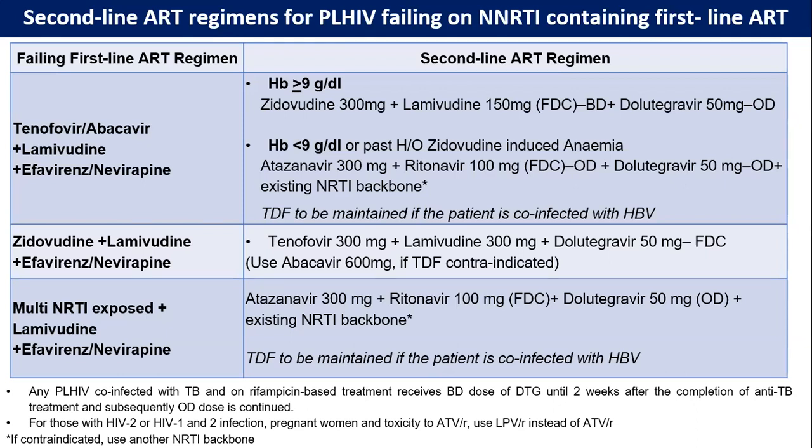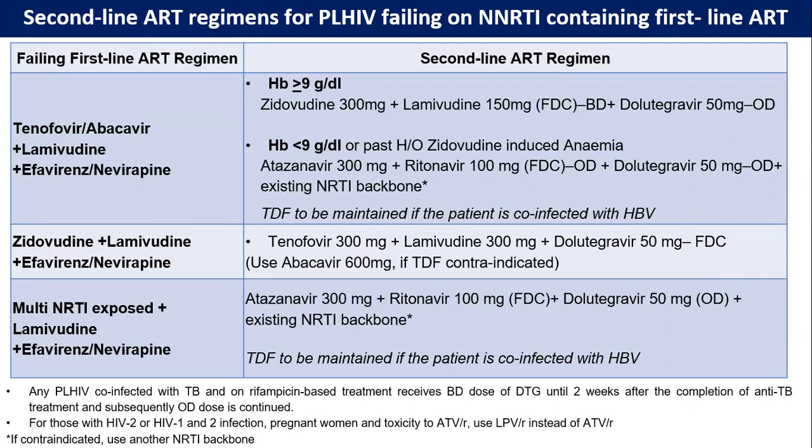Now, patients who are on zidovudine, lamivudine plus efavirenz or nevirapine, we are going to change to second line with tenofovir, lamivudine, and dolutegravir, FDC. That is a single pill to be swallowed. In case the patient is contraindicated for tenofovir, we will start abacavir.